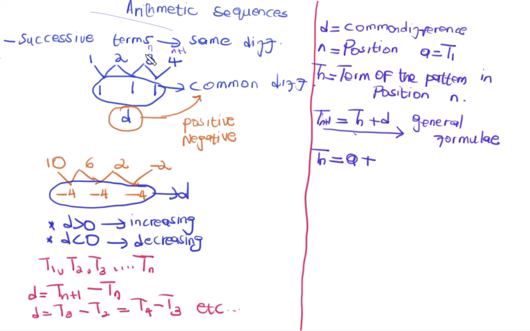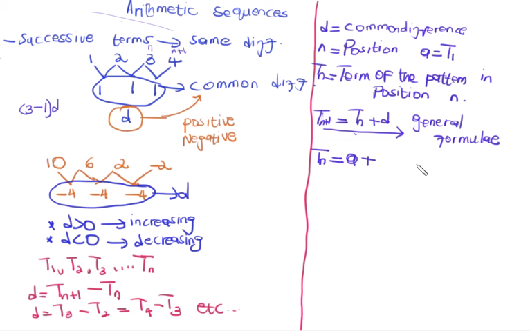So all that we're doing is that we're saying the first term, which is T1 plus 2. And what's 2? In this case, 2 is simply going to be equal to n minus 1. So 3 is in position n, so that's 3 minus 1 multiplied by the common difference, which is 1.